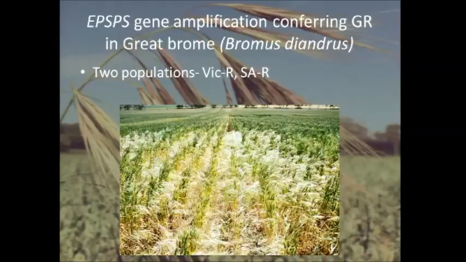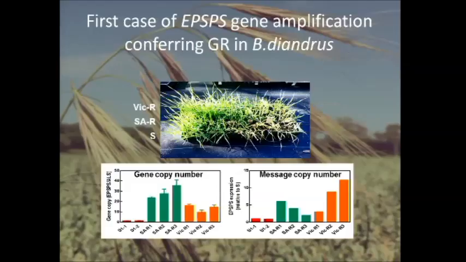I should say that brome is the second most troublesome weed in Australian agriculture, and these plants that have developed resistance to glyphosate through EPSPS gene amplification have 5 times higher resistance compared to susceptible plants. Here we did some real-time PCR and looked at the gene copy number relative to the susceptibles.